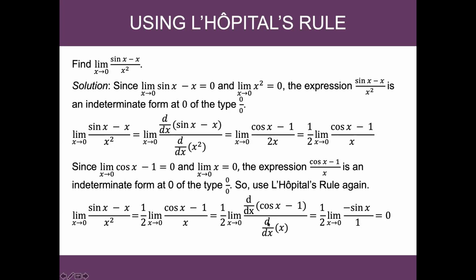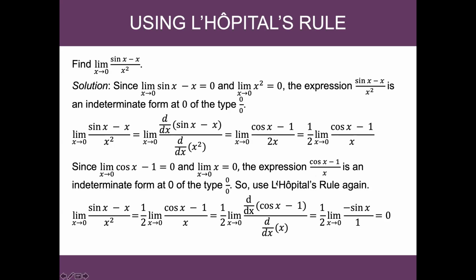And on the bottom, the derivative of x is 1. As a result, you end up with 1/2, or it could have been a 2 down there, because if we had left 2x down there, the derivative of that would be 2 instead of just 1. But then as x goes to 0, you end up with 0 over 1, which is 0.